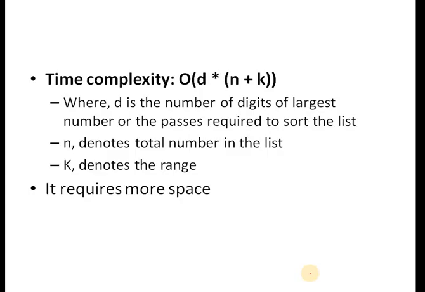We insert each element into its range, and it takes some time. So n plus k, so d into (n plus k). In each and every pass n plus k time is needed, and in total we need d into (n plus k). It requires more space in computer memory. So this is about the Radix sort algorithm, the Radix sort technique.